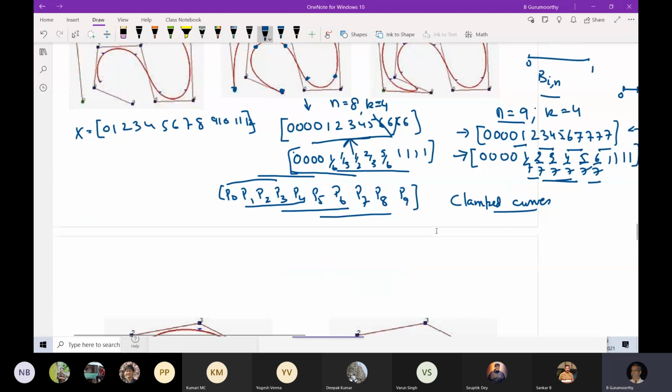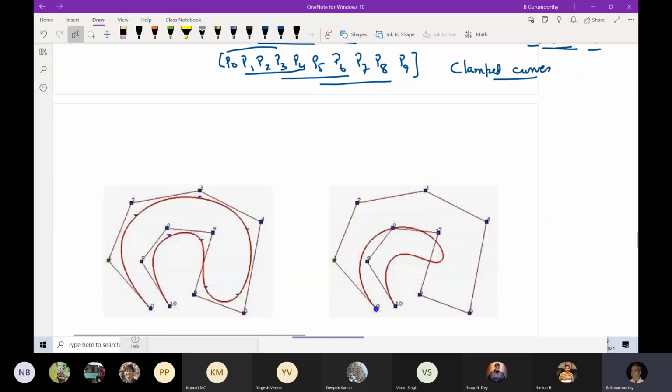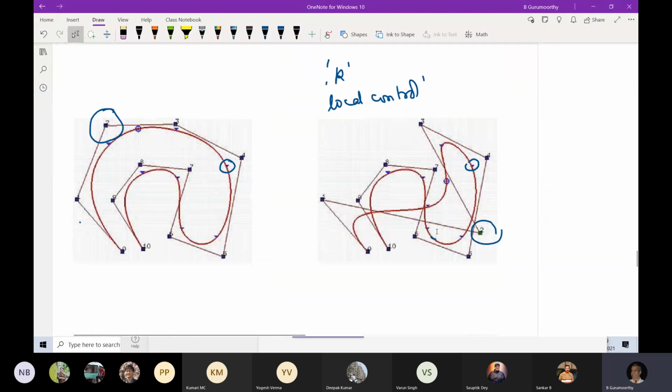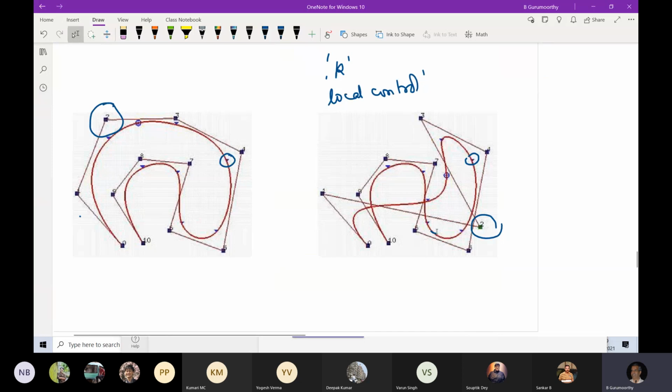And this was the last thing that we did, where moving a single point affects, as we said, only the first few segments. The remaining segments starting from this highlighted endpoint remain unchanged.